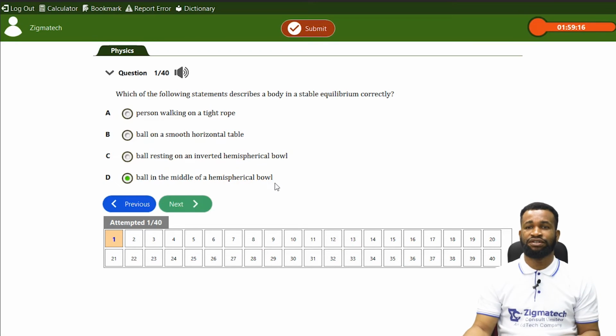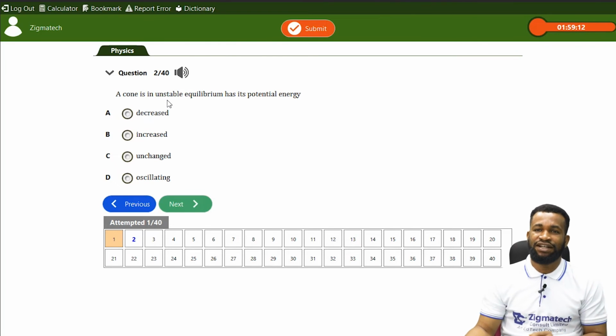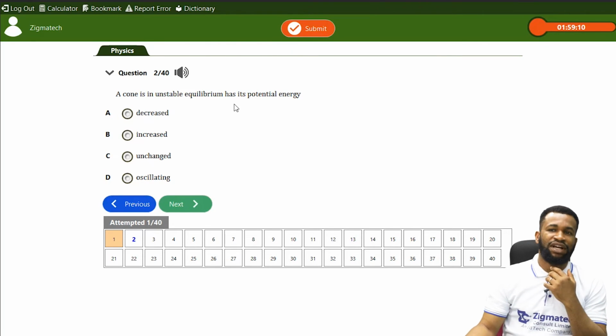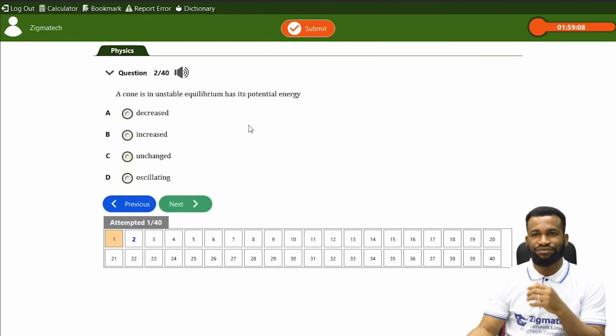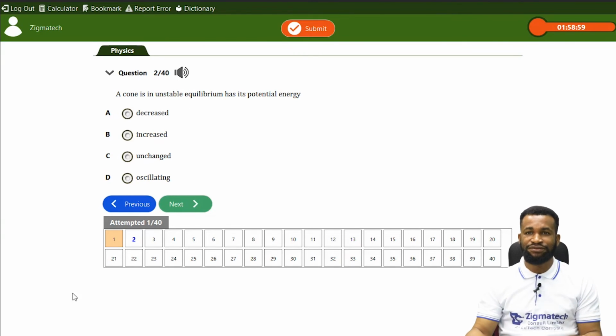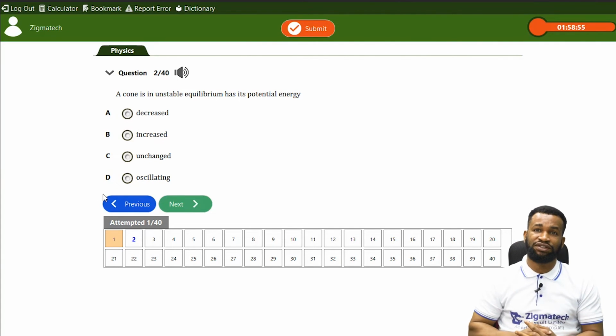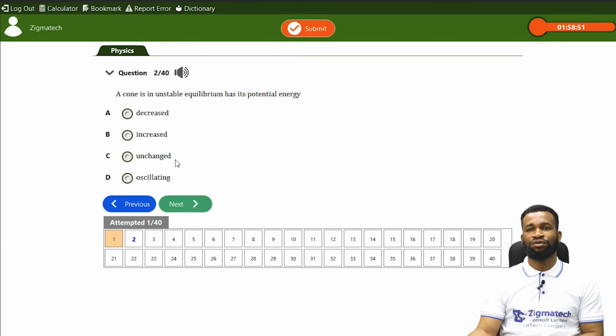That's correct. Then we said a cone in unstable equilibrium has its potential energy. Now, a cone in an unstable equilibrium has its potential energy: A, decreased; B, increased; C, unchanged. You realize what we saw when we watched it. When you slightly displace the cone, what happens?